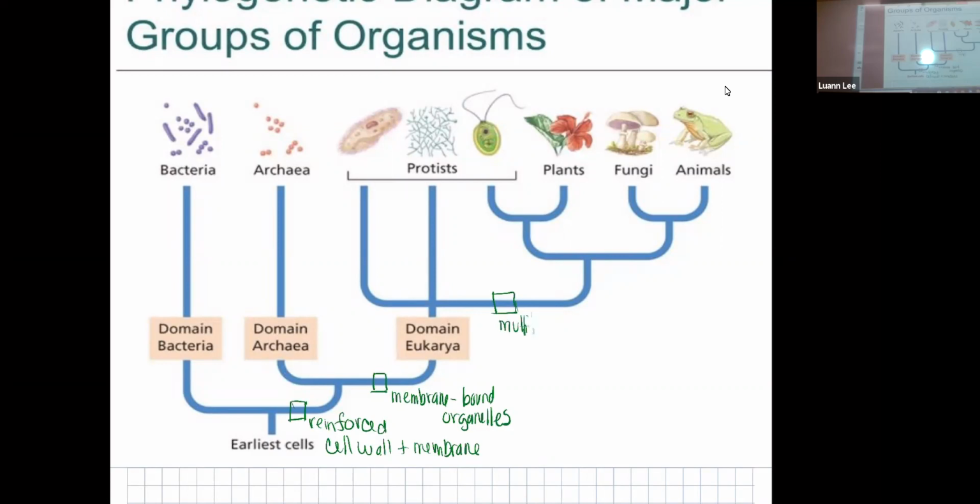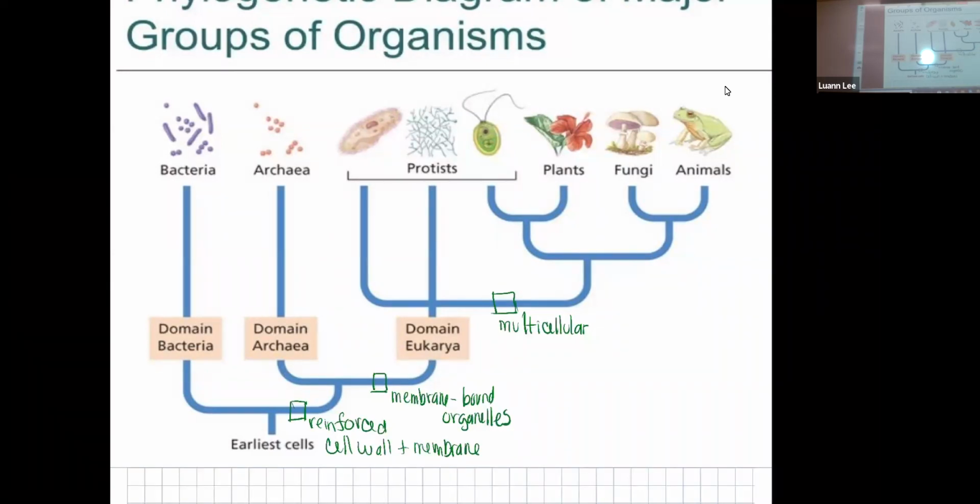I can't write today, it's Monday. And then from multicellular, we got a common ancestor where plant-like things branched off from fungi and animals.